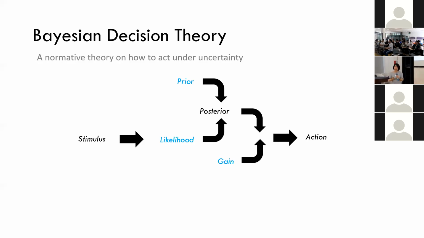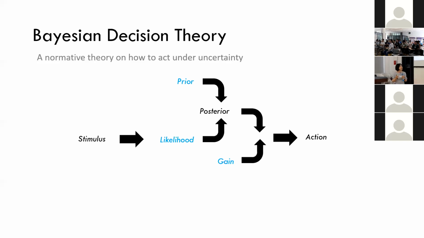If we can summarize it in just one scheme, it would look like this. You have some stimulus from the environment, and you are trying to estimate the generative model behind it following Bayes' theorem. So you combine the prior with the likelihood and get the posterior. Then you consider the payoff matrix, the gain function, and you combine it with the probability you have just computed.